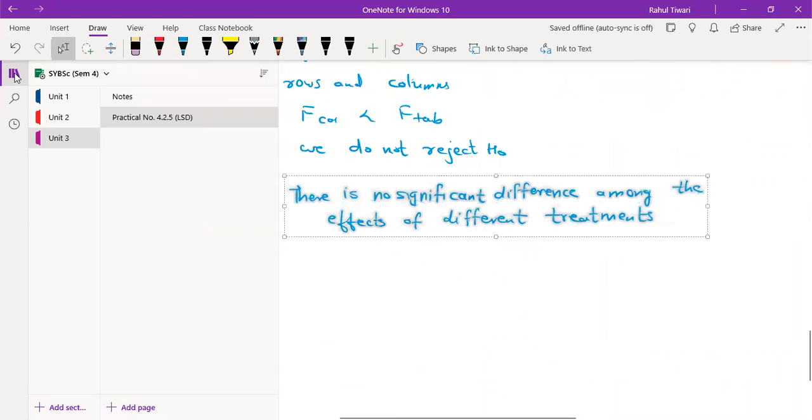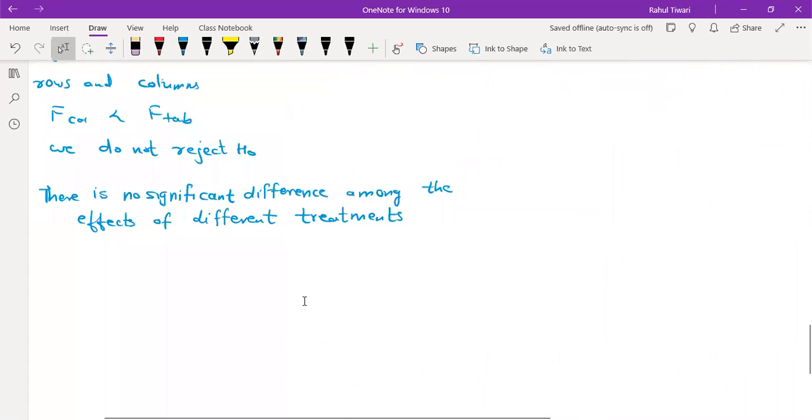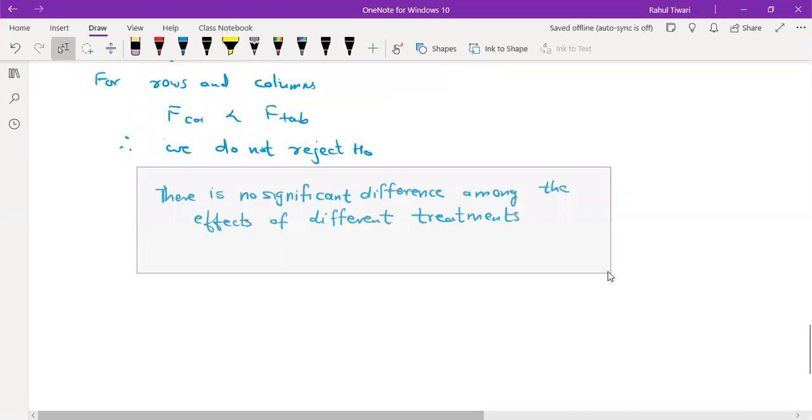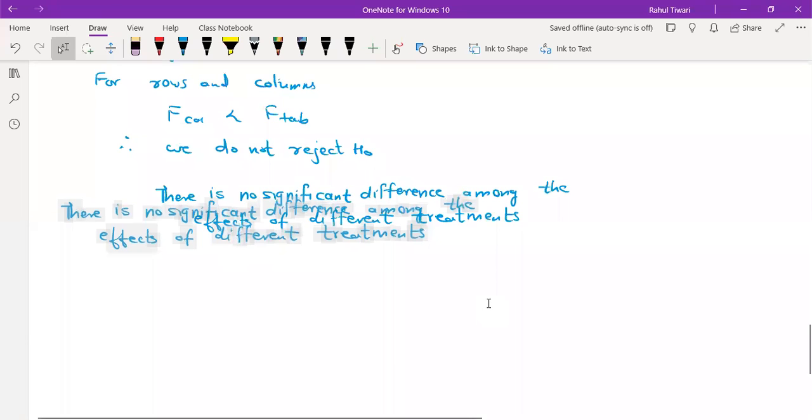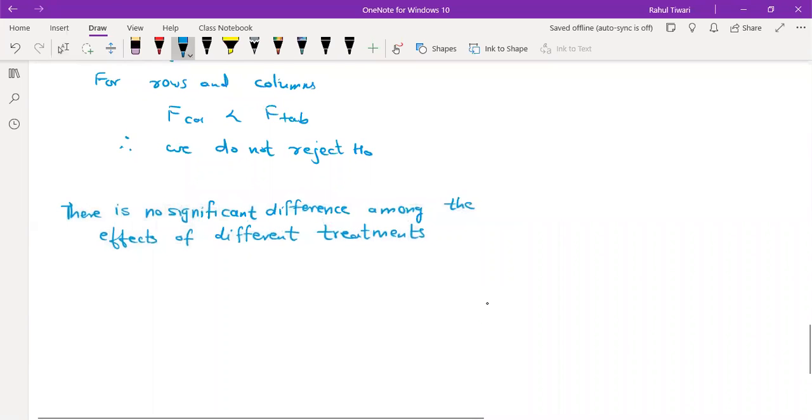So when you reject H naught, that means there is a significant difference. Hence, I can say there is a significant difference between treatments. So finally, this is your conclusion part.